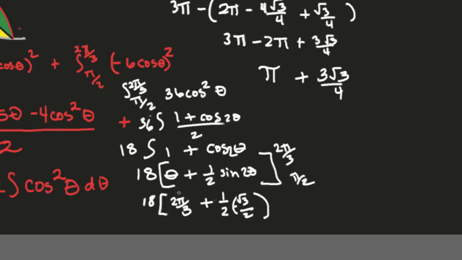And then all that is going to be minus pi halves. Oops. Asking for trouble, writing a 3 when I said 2. Sine of 2 theta over 2. Is that right? It's all starting to blur together.